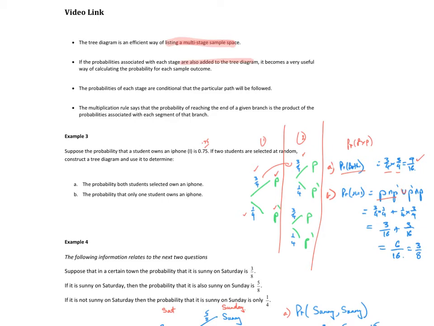So there's 2 ways one person can own a phone. If we follow the branch along, P intersection P dash is that branch there, 3/4 by 1/4. Or we could go with P dash intersection P, 1/4 times 3/4. If we add them up, we'll get 3/8.